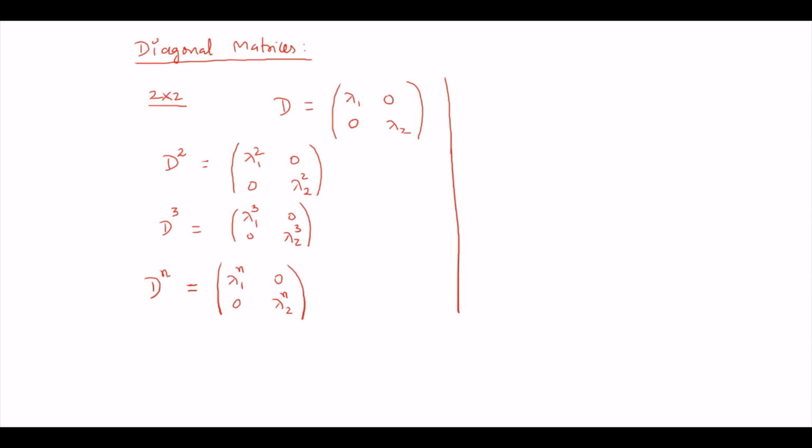So let us write for 3 by 3 matrices. So this is equal to lambda 1, lambda 2, lambda 3. So these are all principal diagonal entries.